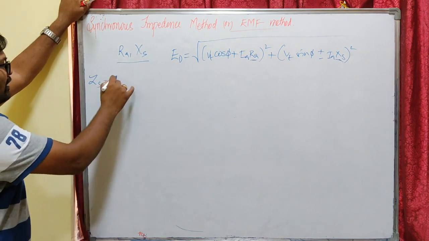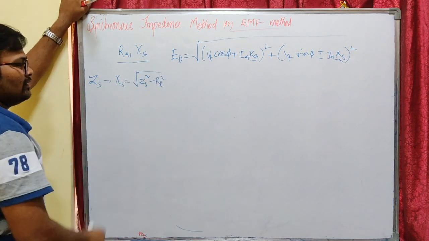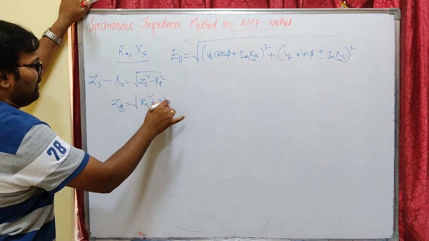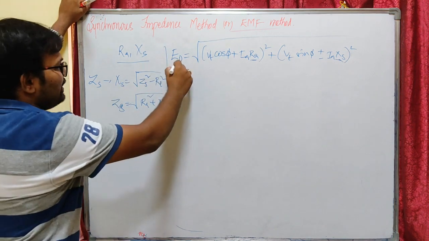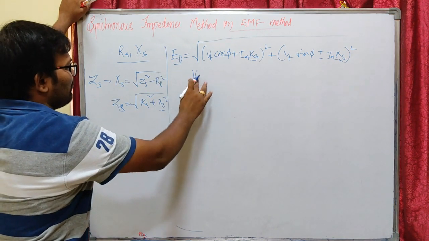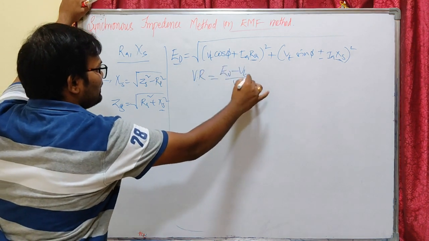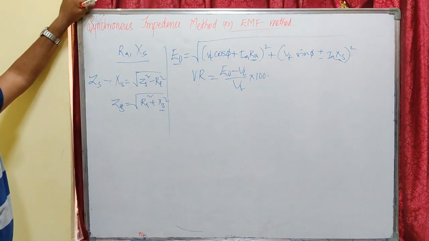We calculate XS, which is equal to the square root of ZS square minus RA square, because ZS equals the square root of RA square plus XS square. After finding E0, we can find our voltage regulation, that is (E0 minus Vt) by Vt into 100. This is how percentage regulation can be found by the synchronous impedance method.